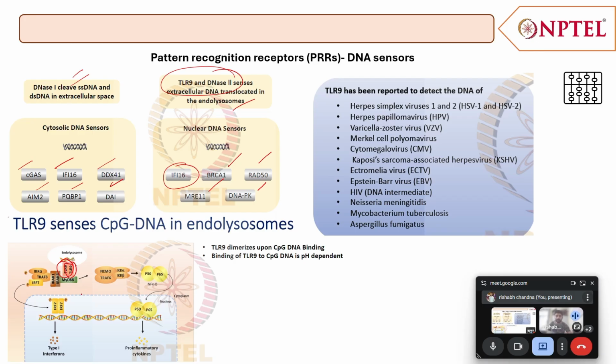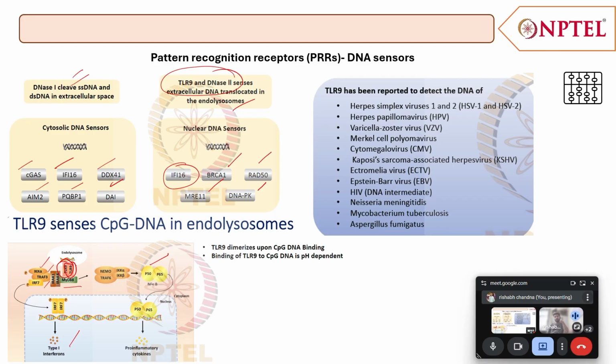MYD88 activates TRAF3, IRF7, IKK, and the NF-kappa B pathway through p50 and p65, and they release type 1 interferons and pro-inflammatory cytokines.